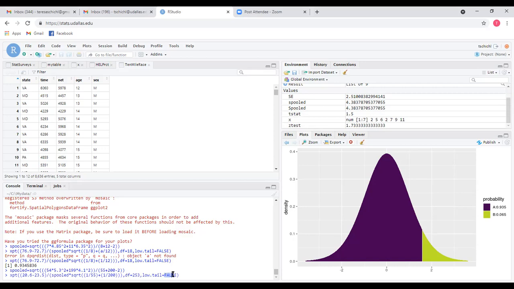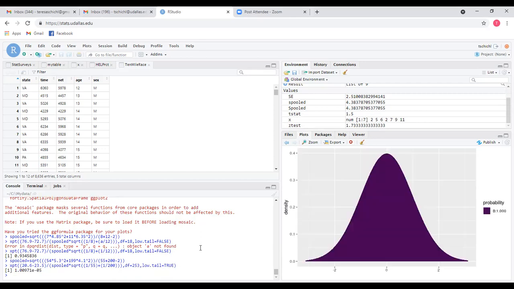So let's try, say the lower tail is true. Let's see what you get here. Okay, all right, so boom. Because the value here is so small, you barely see it, but here you can see the results.